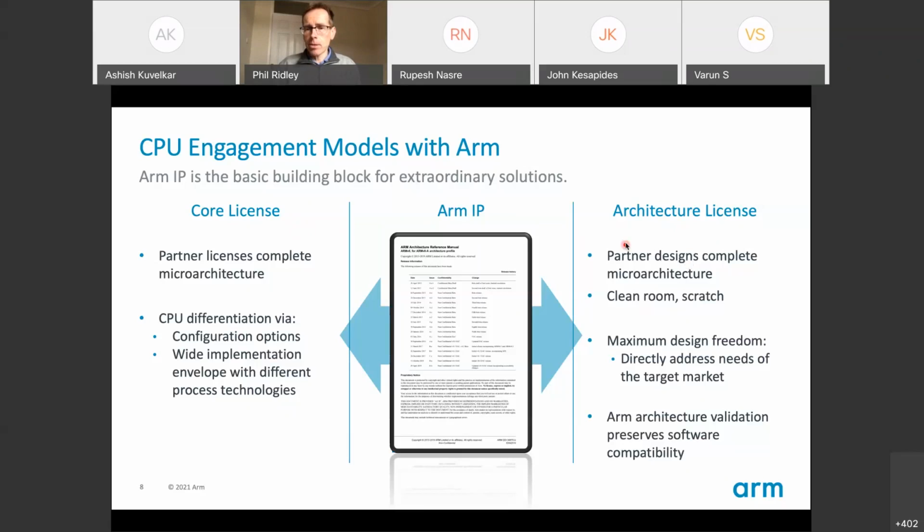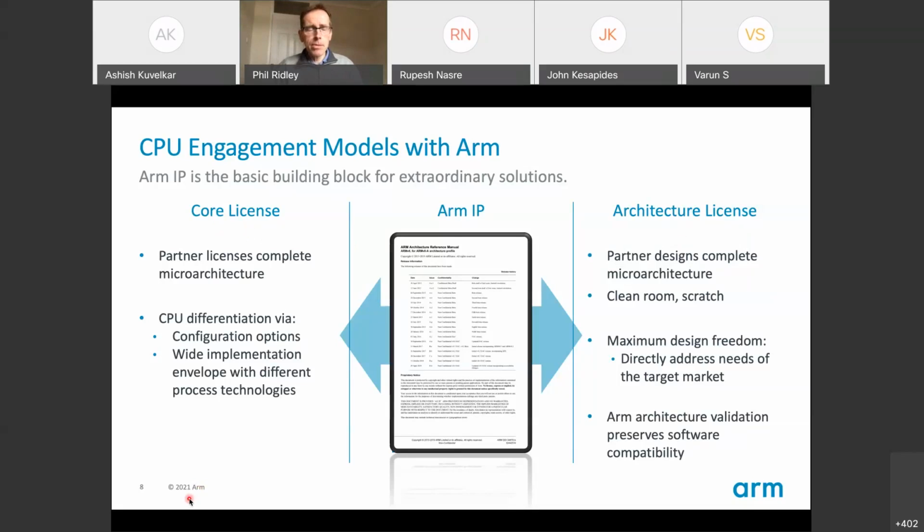The architectural license model involves a complete design of the microarchitecture, even though the underlying CPU design can have the ARM instruction set architecture. There's still a lot more architectural features that can be tweaked, whereas with the core license model there are fewer. I'll illustrate that better with a diagram in a minute, sorry.